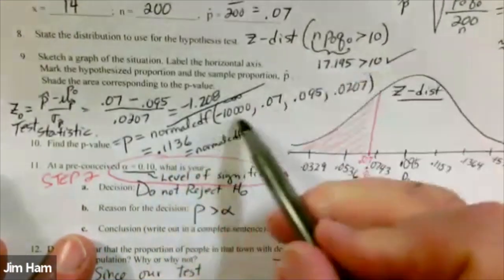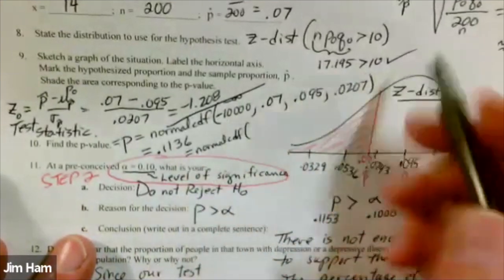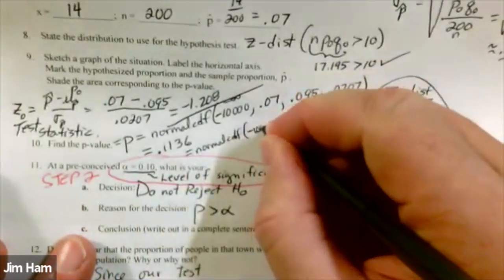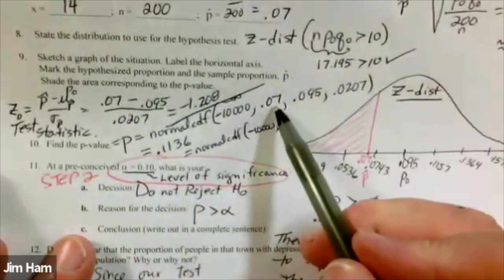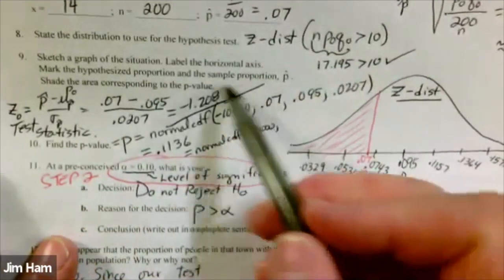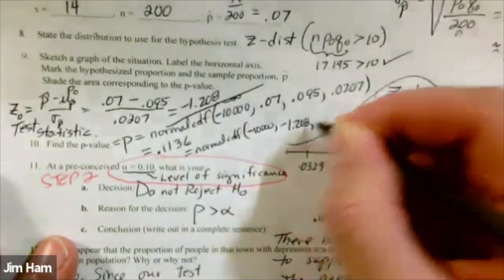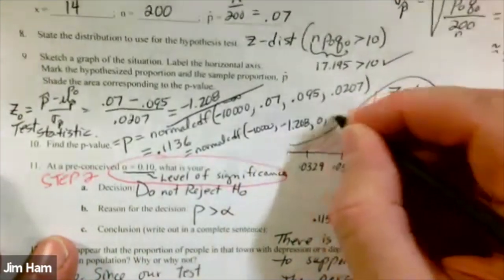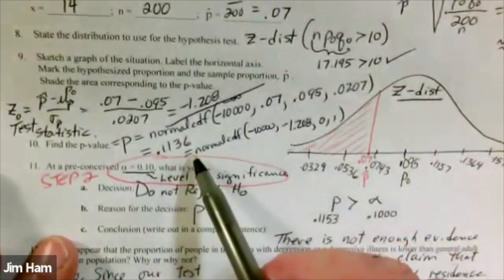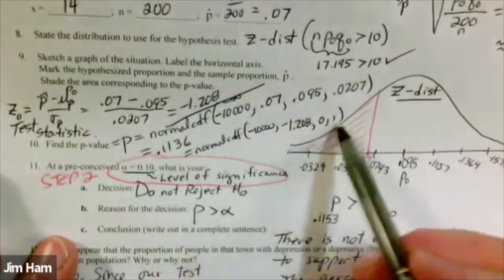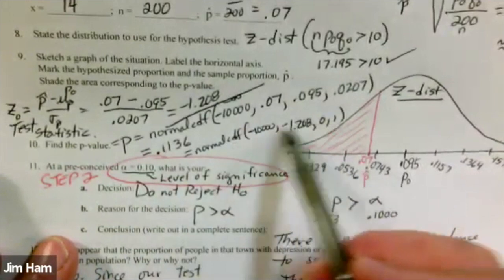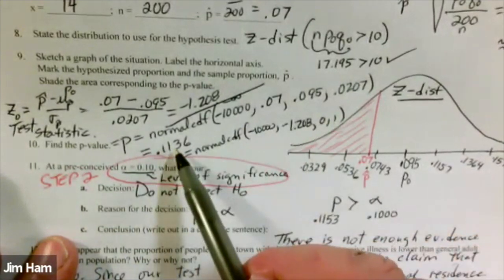So if I converted all these numbers to the corresponding z values, we would have negative 10,000, negative infinity. And then this number here would correspond to our test statistic, negative 1.208. And then we'd have the mean and the standard deviation, but we'd be working in the z distribution. So you can check this one too, but you'll find that this one is also 0.1136.